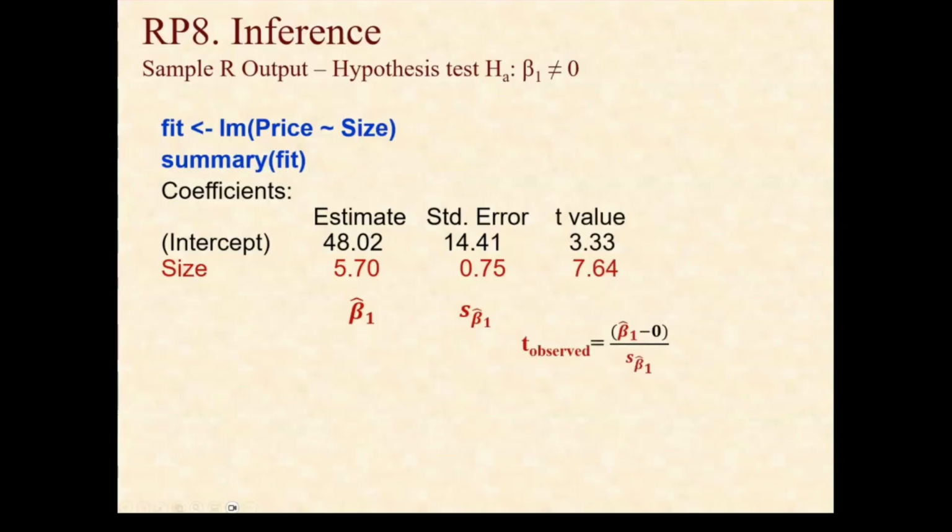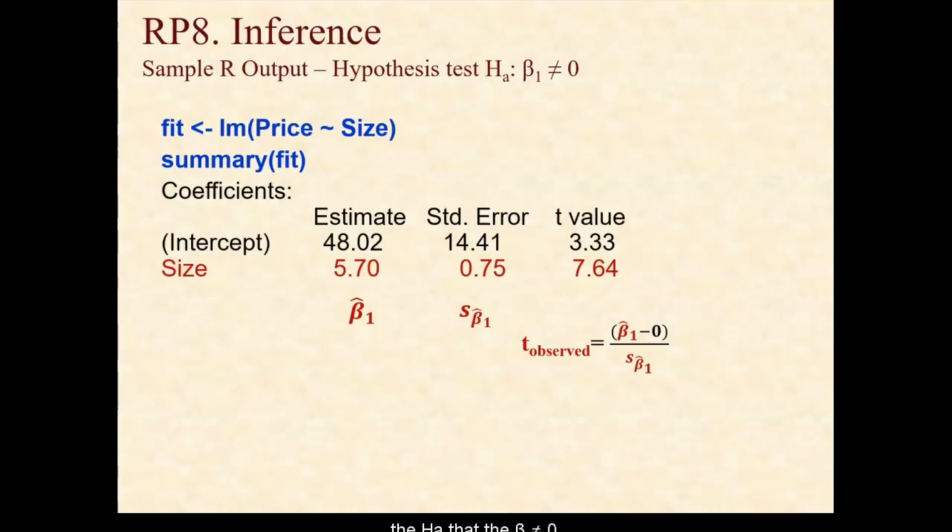The next column is labeled t-value. These t-values are as discussed on an earlier slide. The t-value is the observed t-statistic for the hypothesis test, where H0 is that the beta equals 0 versus the HA that the beta does not equal 0.